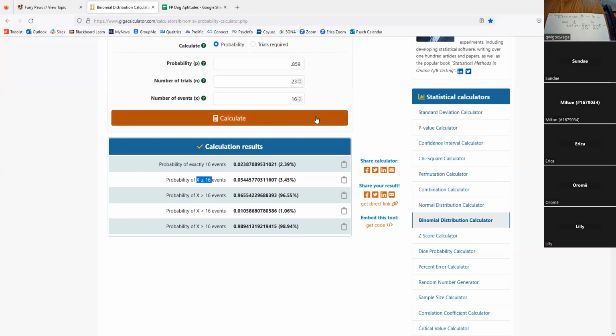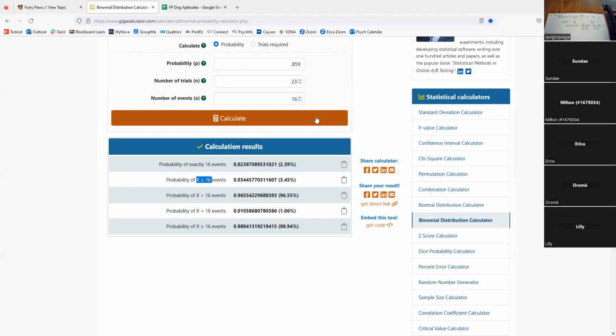Because we don't really care about the odds of getting 16 exactly. You could calculate that, but if you include the or fewer, okay, let me say it like this. If you were supposed to get 85% and you actually got 69%, you basically got an unlucky litter. You should have had more aptitude.